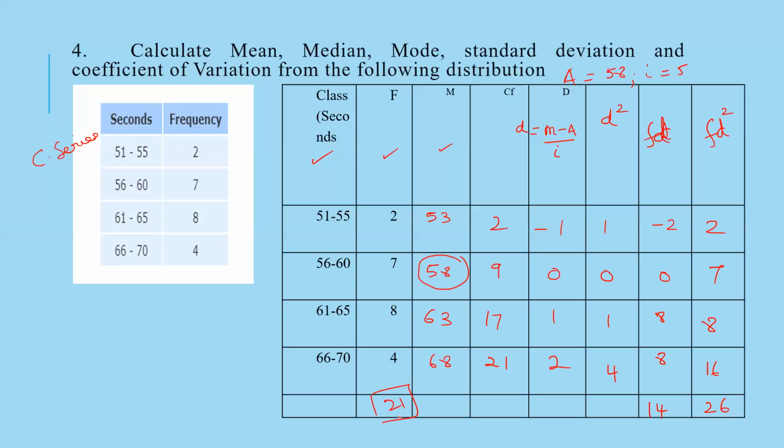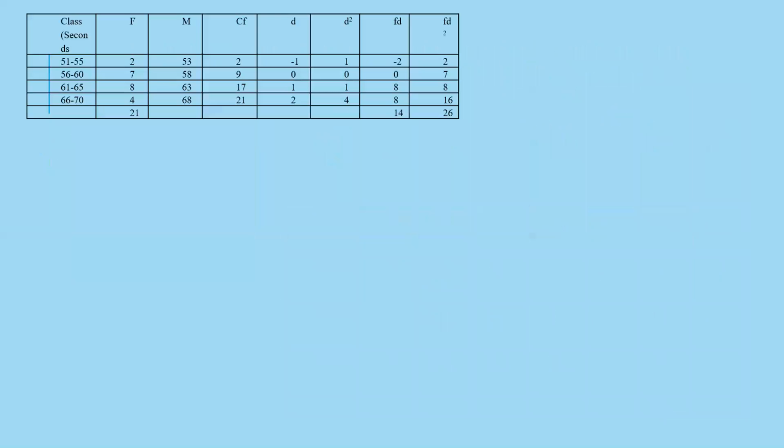So once you have calculated all these values, all we need to do is just start using the formula and solve. I have just carried over the calculated values to this slide.